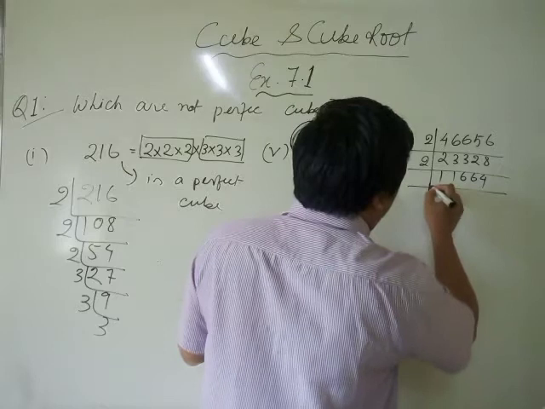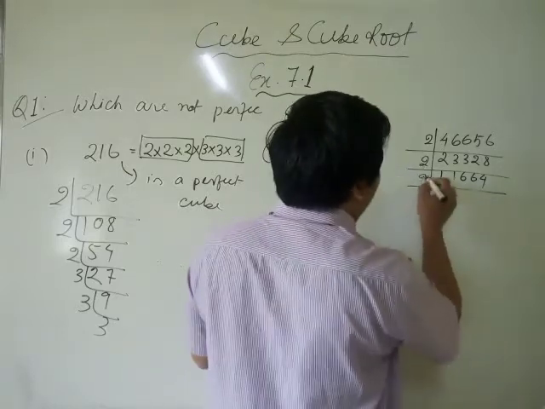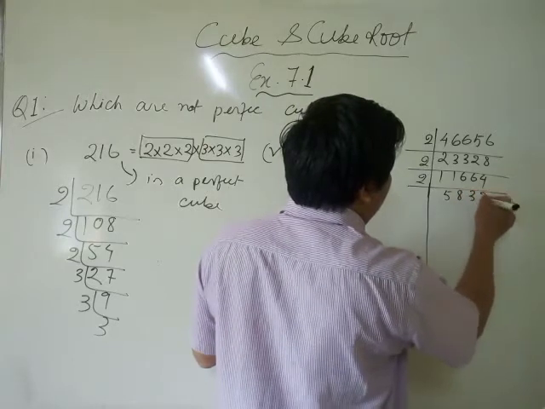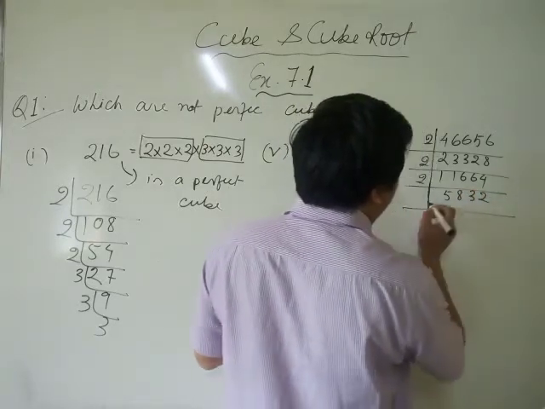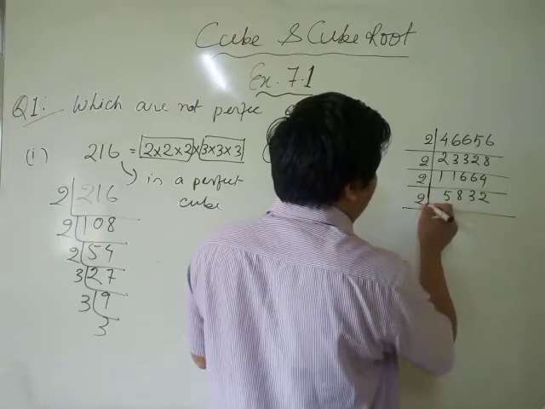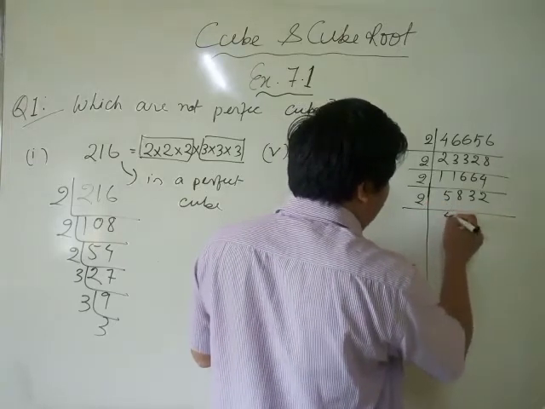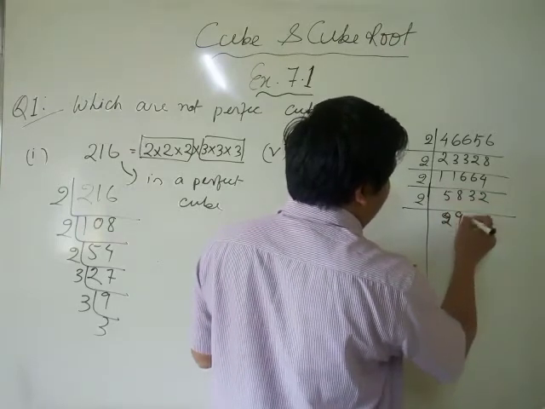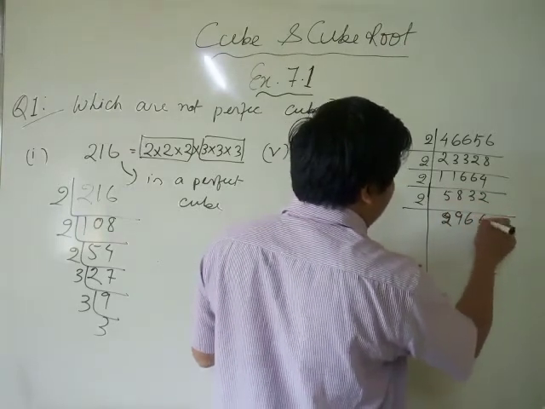Still we can continue with this, isn't it? Then 2 again, 2 5s are 10, 2 8s are 16, then 2 2s are 4, 2 9s are 18, 2 6s are 12.